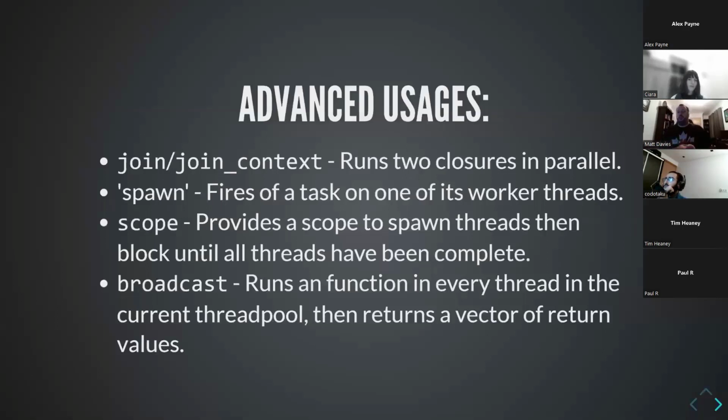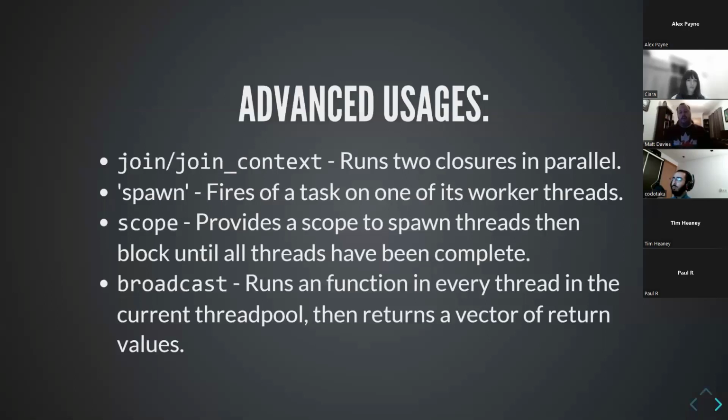So usually when you spawn a thread, you can't move any values from the function that spawns it because of lifetime issues. The function on the thread might outlast the function that you're calling. What scope allows you to do is create a scope where you can spawn threads which can take those values, but the scope will block your function and ensure that the function's lifetime is longer than the spawned tasks that you've created.